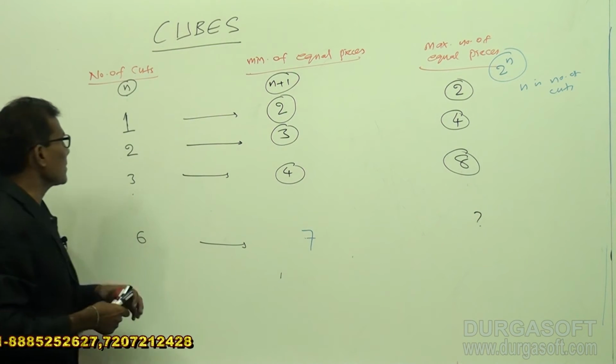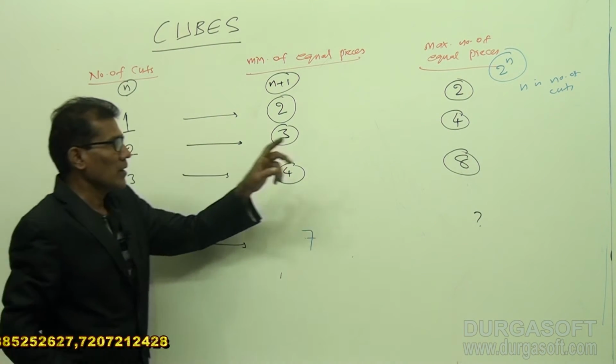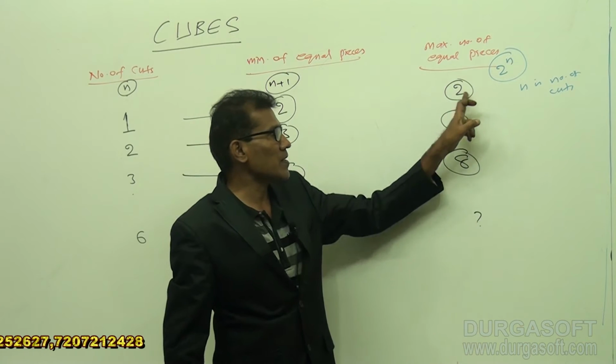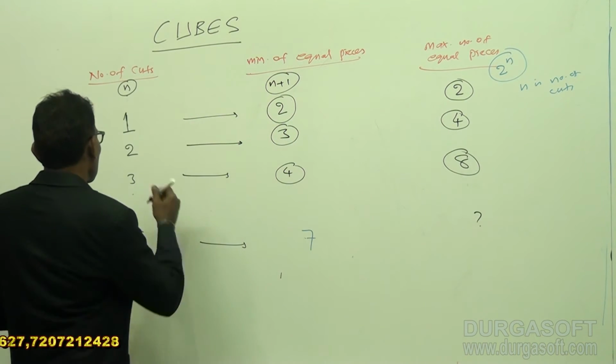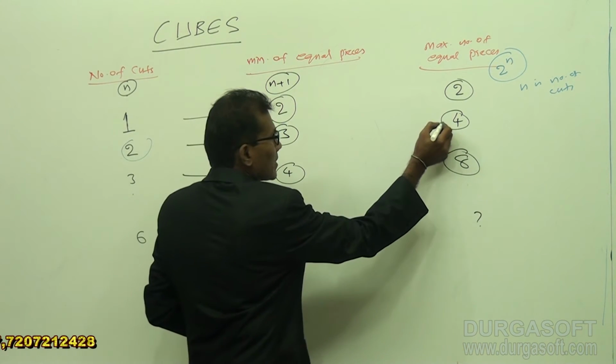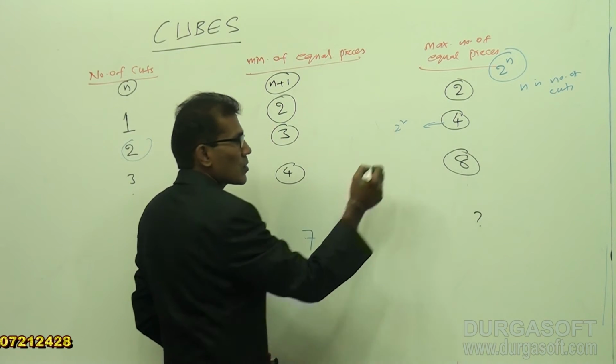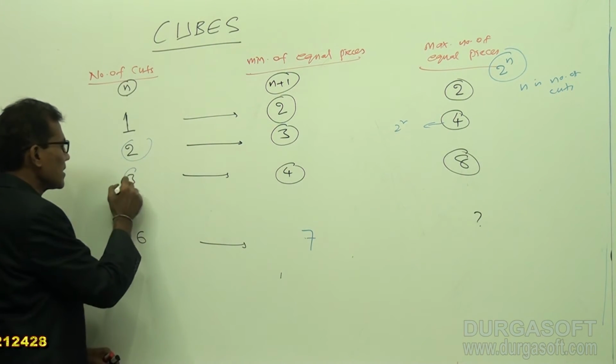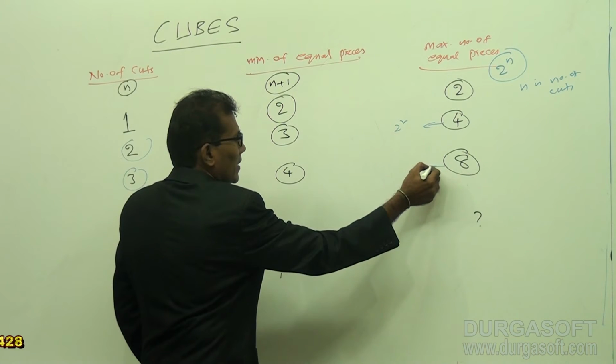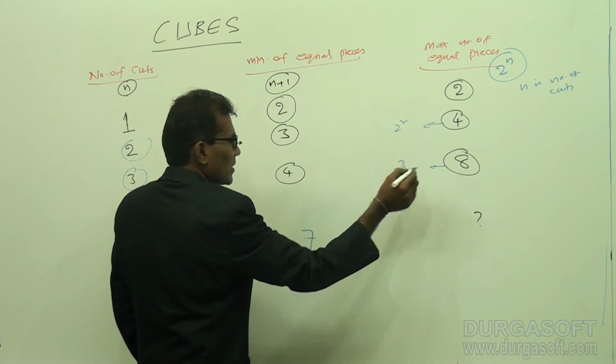See here, for example, n is equal to 1, then 2 power 1 gives 2. If n is 2, then this is 2 power 2, 2 squared is 4. And if n is 3, you get 2 power 3, which is 8.